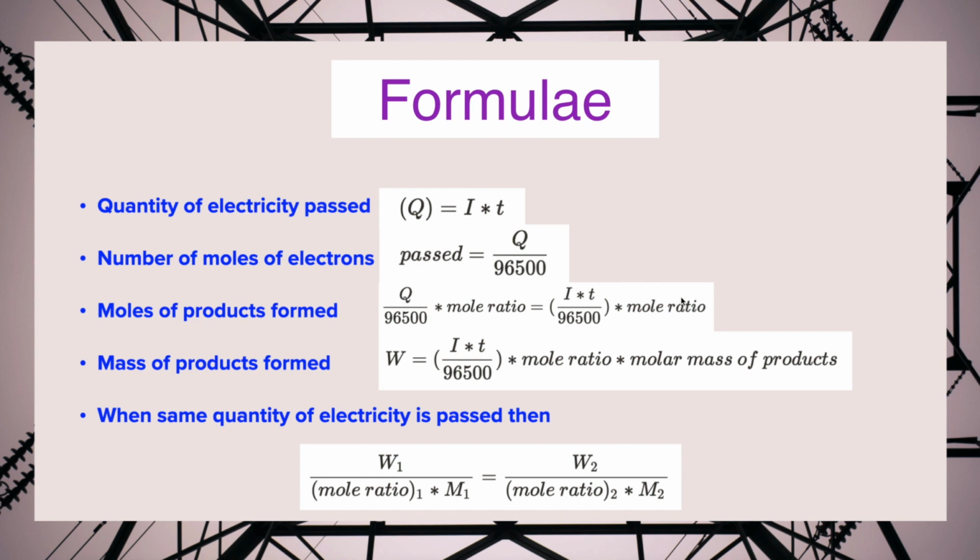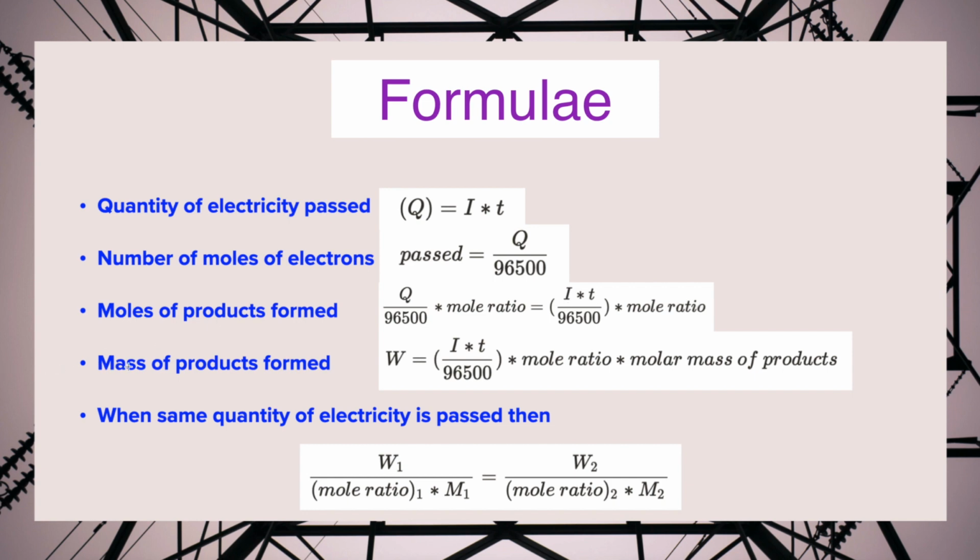What is mole ratio? It is different for different electrolytic cells, and mole ratio is calculated by using the formula: mole ratio is equal to number of moles of products formed divided by number of moles of electrons required.